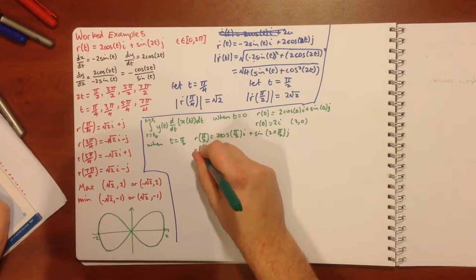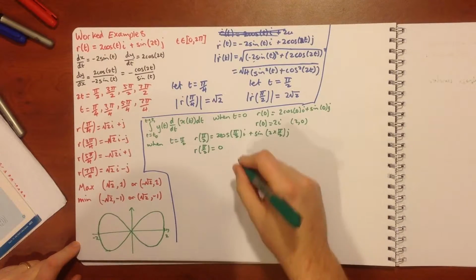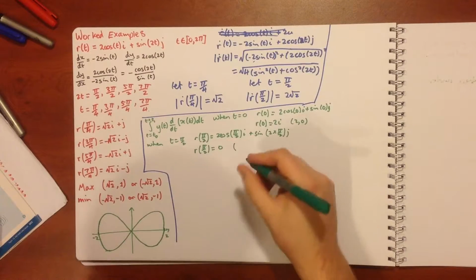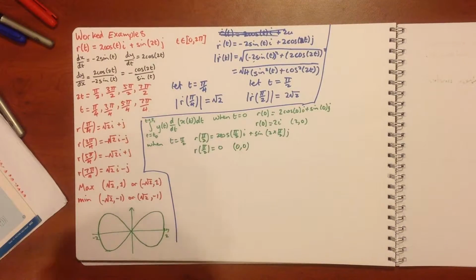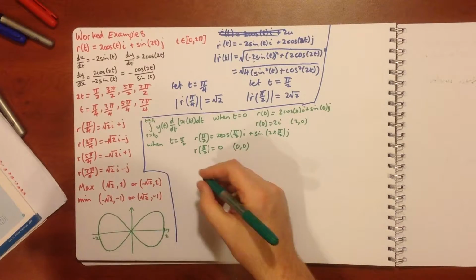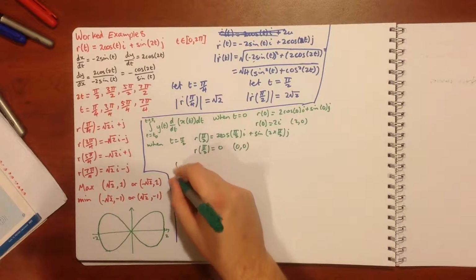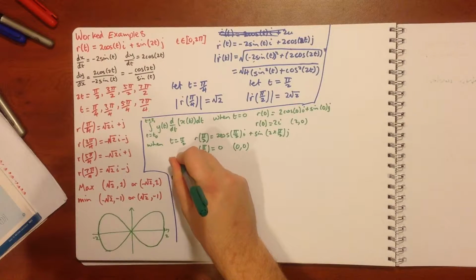So our r of pi on 2 is equal to 0. So we get the coordinates of the point as (0, 0) as well. So what this equation can become is our integral from t equals t0 to t equals t1.